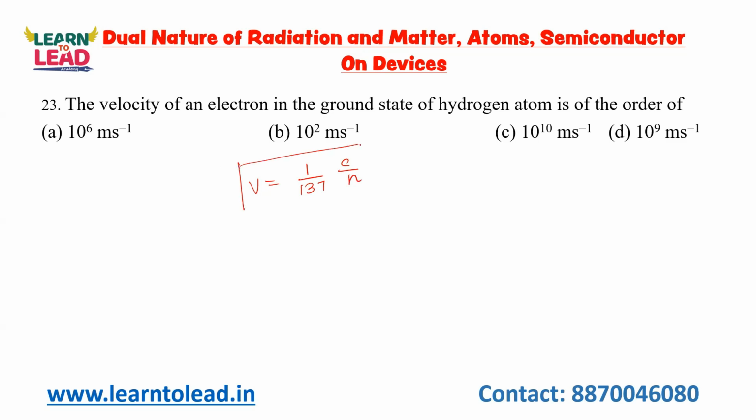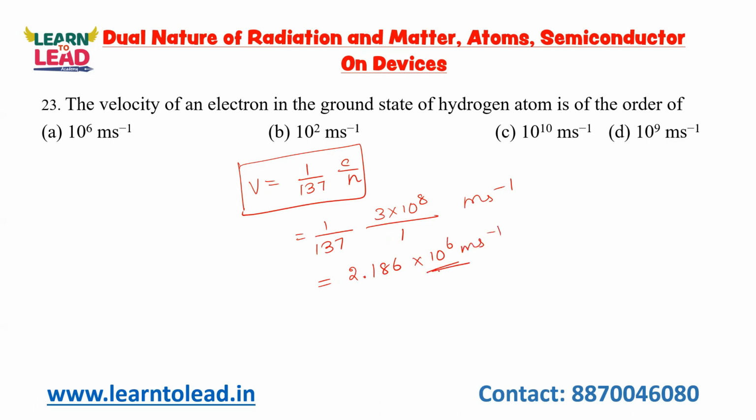Note down this formula. Velocity v is equal to 1 by 137 c by n. Here c is the speed of light, 3 into 10 to the power 8, divided by n, in meter per second. If you solve this, you will get 2.186 into 10 to the power 6 meter per second. They have asked only for the order. The order is the power of 10, so 10 to the power 6 meter per second.